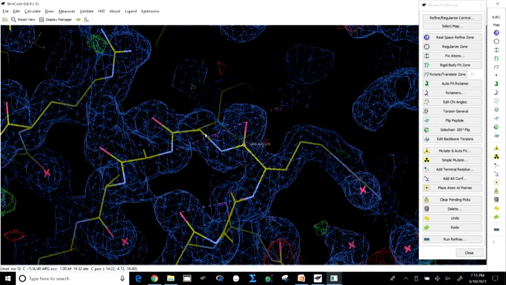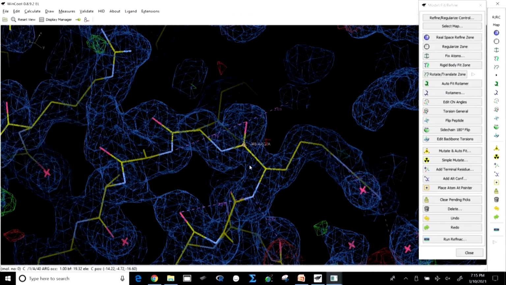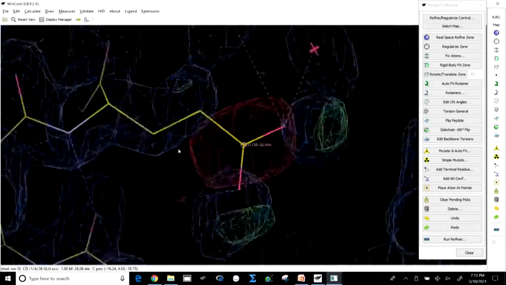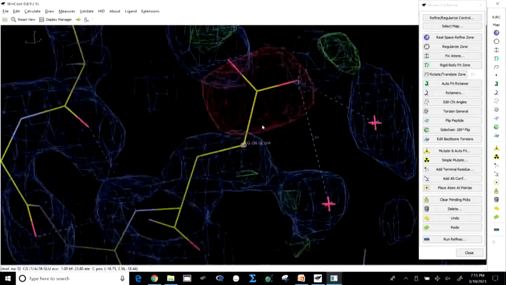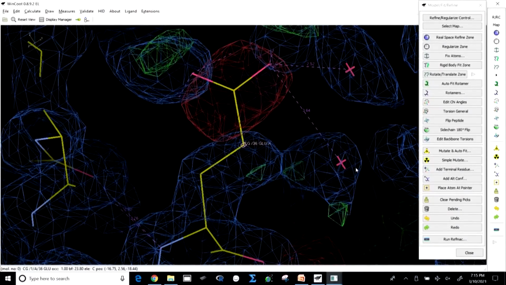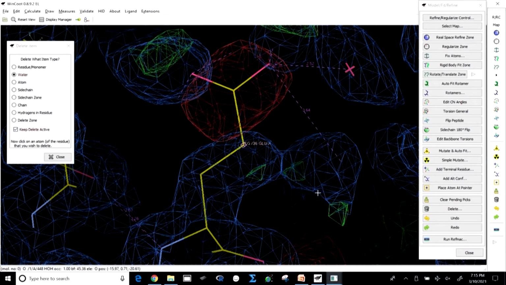Now, I will bring the third molecule. You remember this one is the phenem. Let us also take a look. You see here red density means it would not be there, it should be, see it should be here. So, you want to delete water, you delete it, okay.